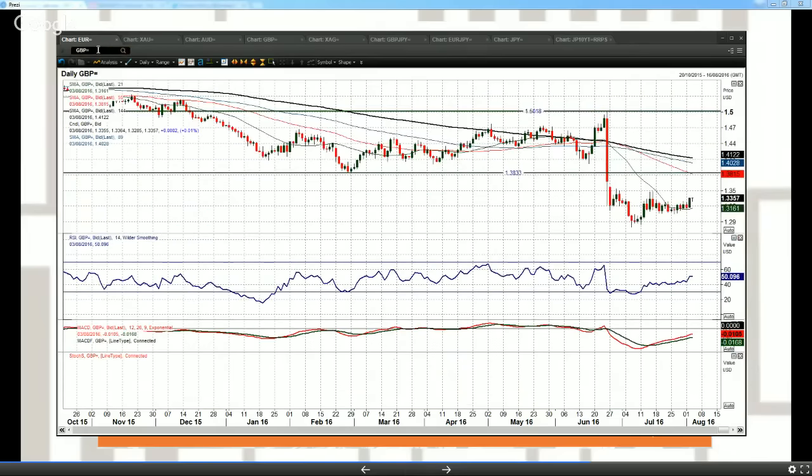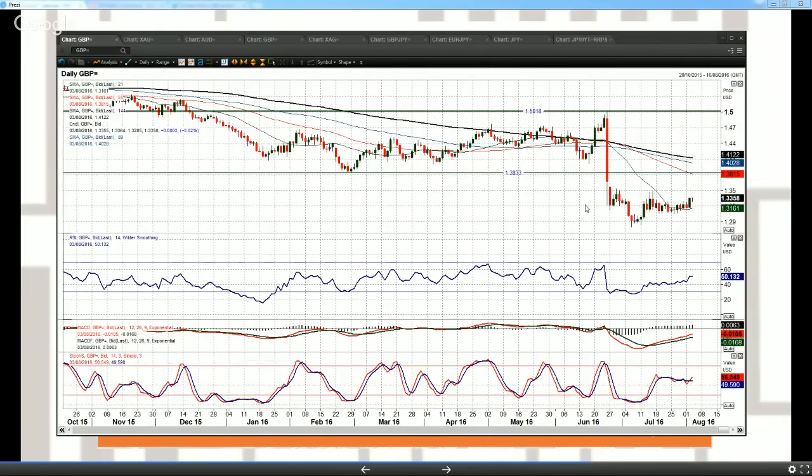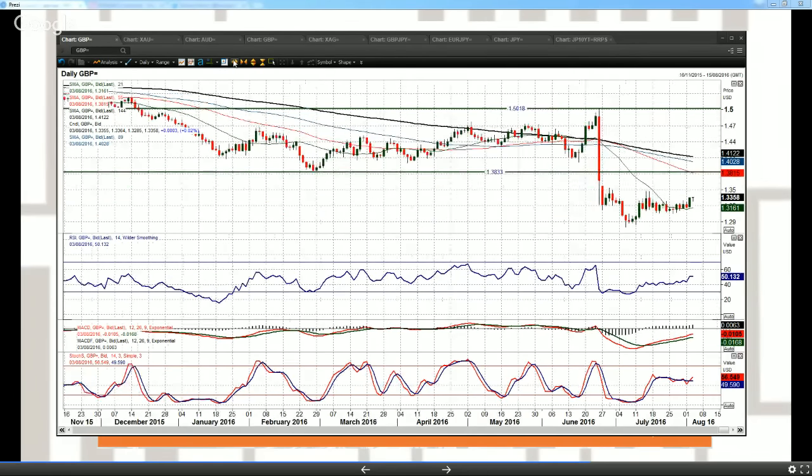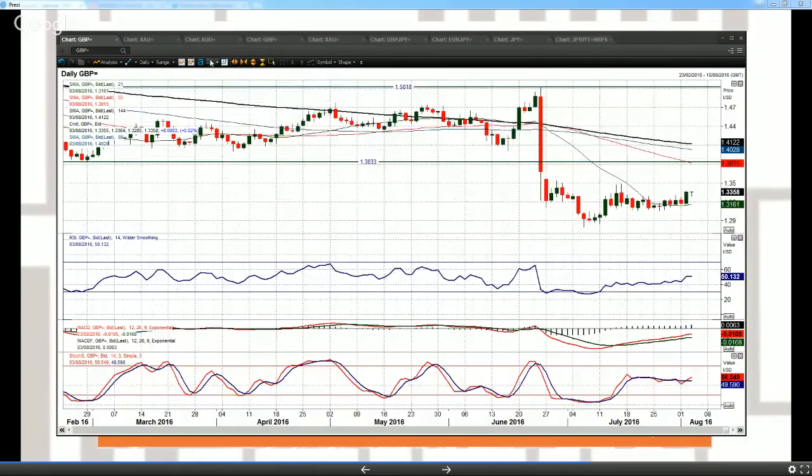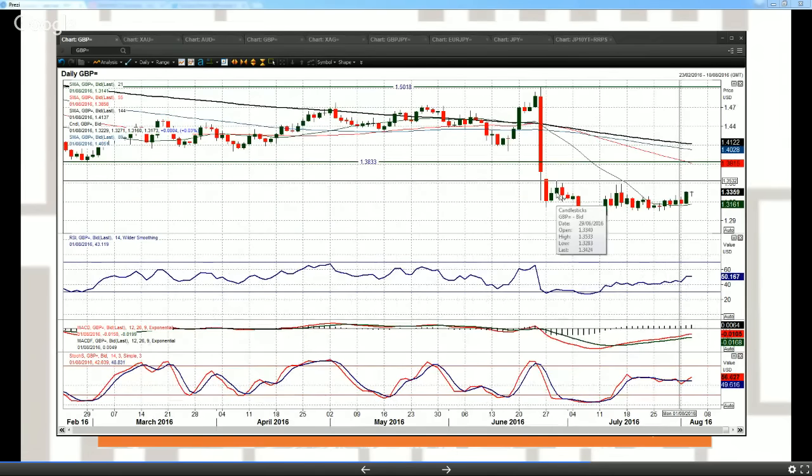Another chart to show the dollar weakness that we've seen in the last few days is sterling. Now, sterling has jumped, and you could even argue if sterling broke above 35.33, which is this reaction high here, that would actually provide us with a head and shoulders reversal.